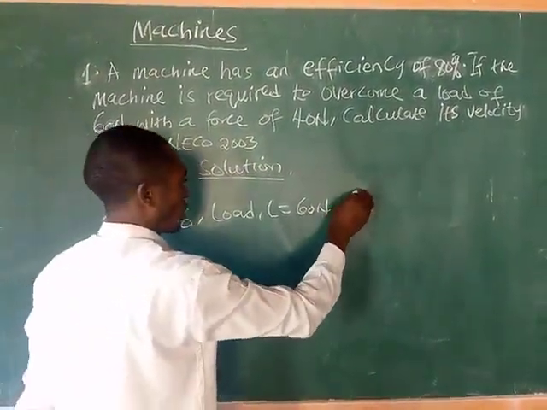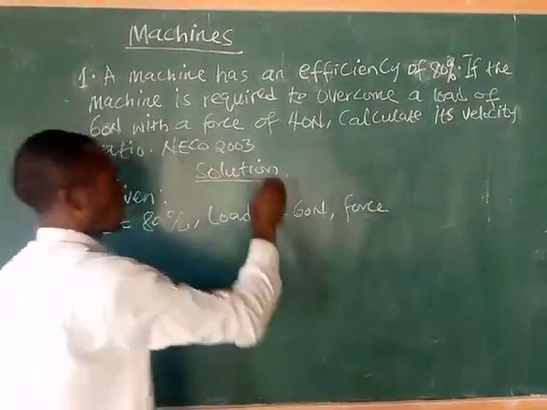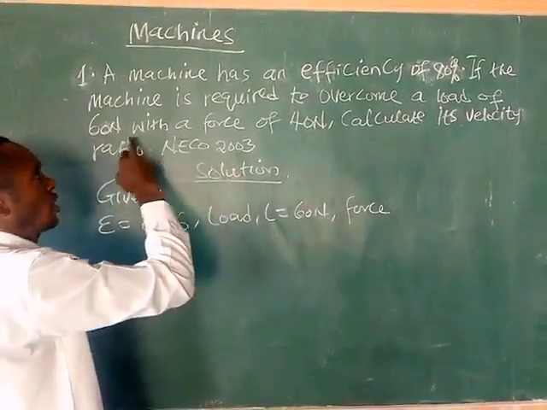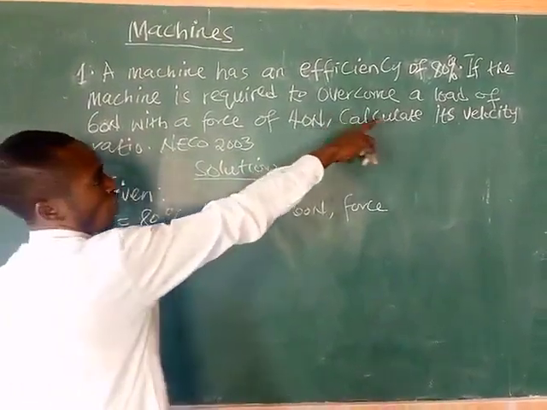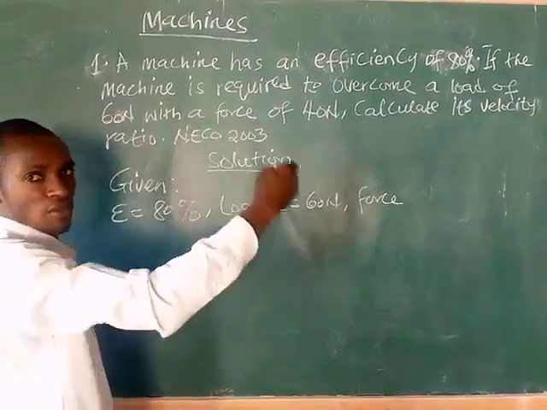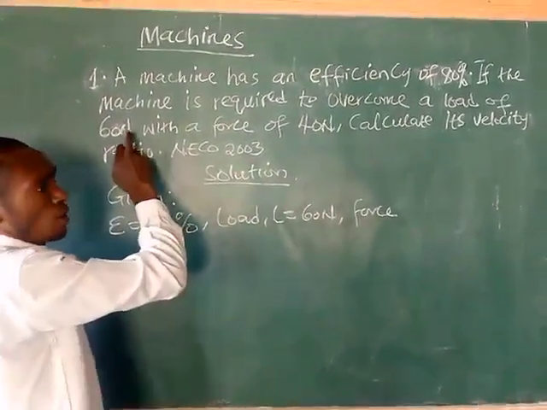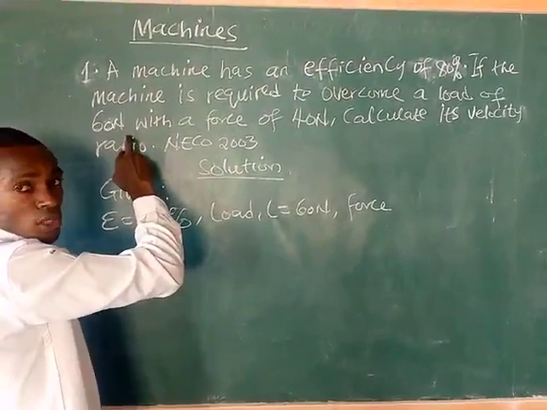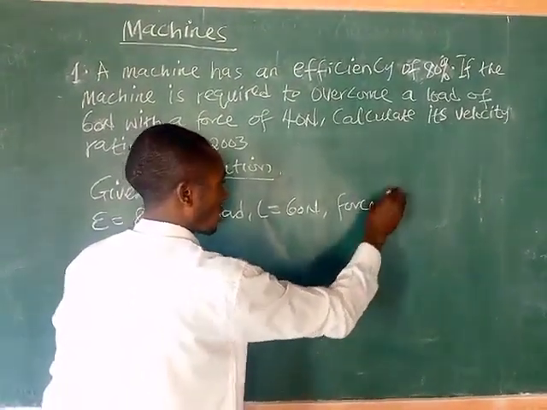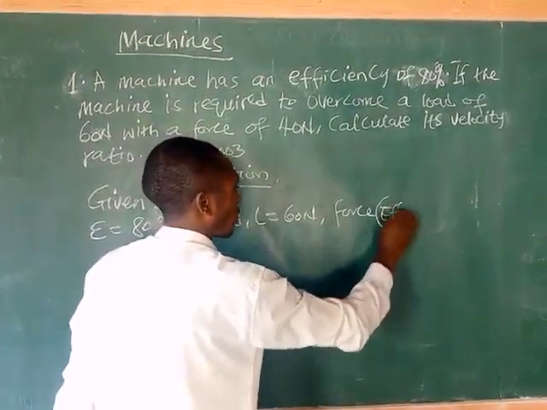So the force here is the same thing as the effort. That's the effort that is required. That's why, if you observe, it is to overcome a load of 60 Newton with a force. That is the effort that needs to be applied to overcome this load.